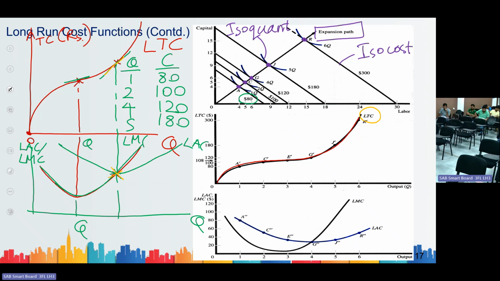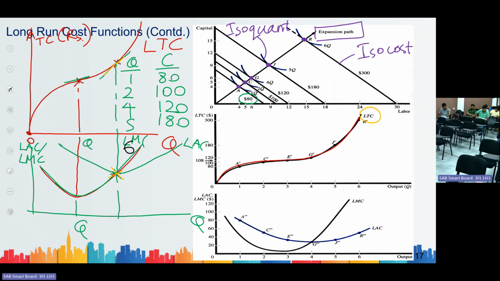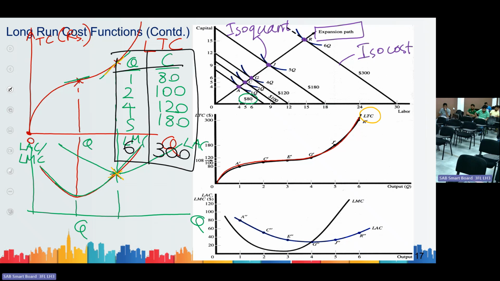To produce 6 units, the cost is 300. So these cost and output combinations are summarized by the total cost curve. These Q and C combinations are summarized by this total cost curve.